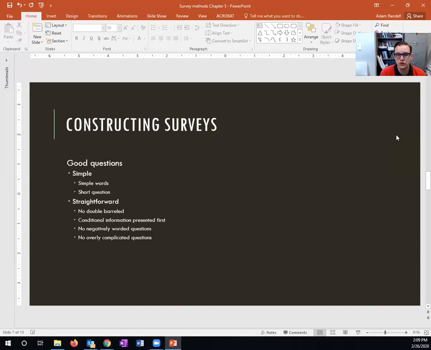You also want to present any conditional information first. So, for example, if I wanted you to tell me how positively you thought about your university, all right, without considering any of the negative aspects, well, I would first ask you to set aside all the negative aspects and then report how positively you evaluate your university.